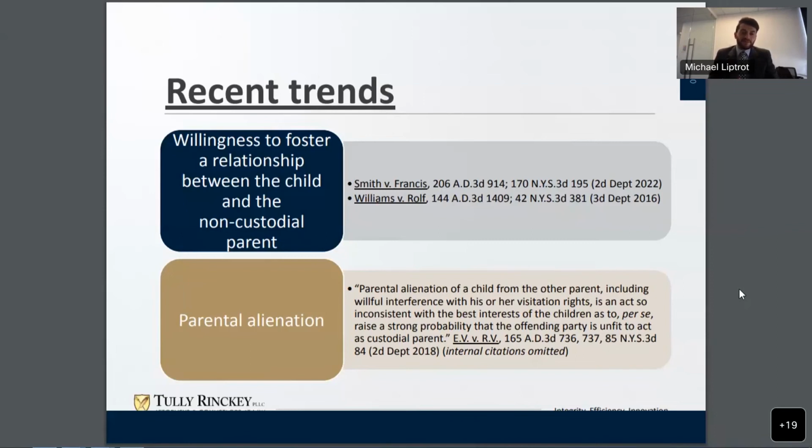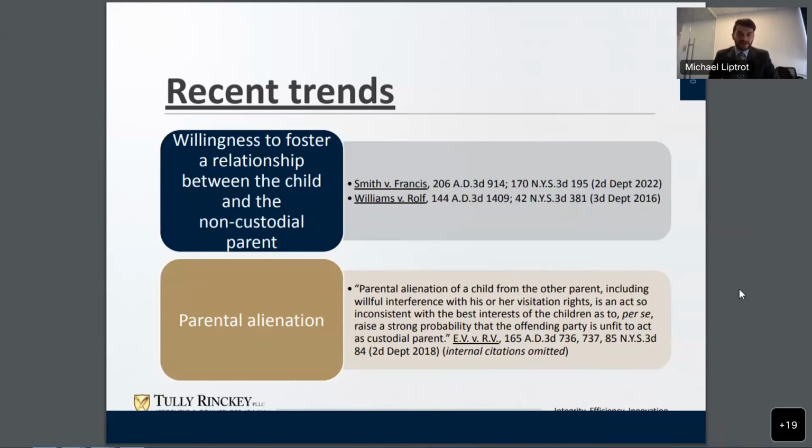But what I think the court is more looking at is this bullet above, willingness to foster a relationship between the child and non-custodial parent. So I have two cases here, Smith v. Francis in the second department just a few months ago. Smith v.